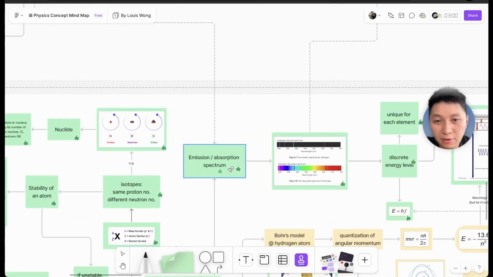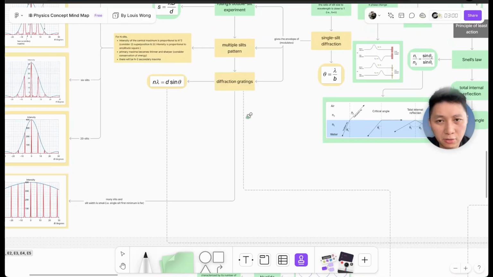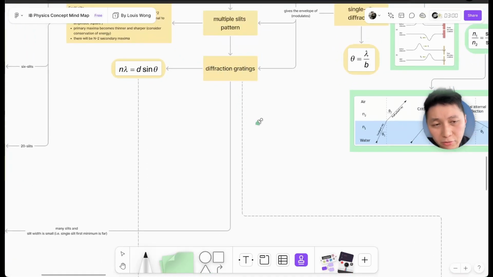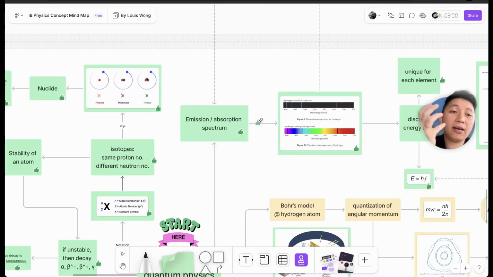So in terms of emission and absorption spectrum, you can see here, okay, for those in HL only, it is related to the diffraction grating we talked about. Because imagine the light coming from the star is, again, combined, okay, or simply if a certain element got excited with high voltage. The color you see, a neon light, for example, is pink in color.